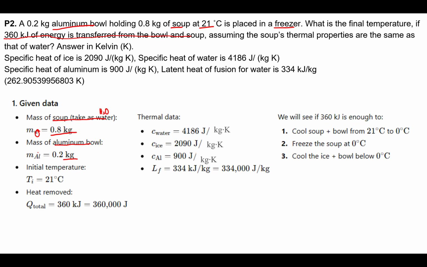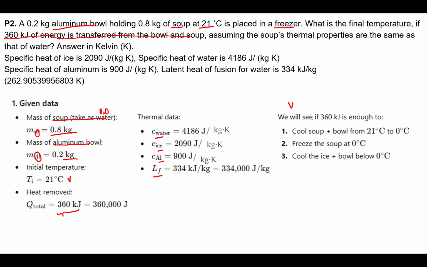The initial temperature was this, and in the freezer the heat removed is this much. The thermal data are the specific heats of water, ice, and aluminum, and the latent heat of fusion for water and ice is given by this one.